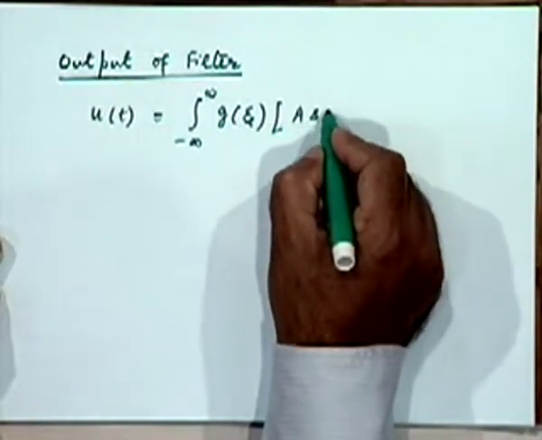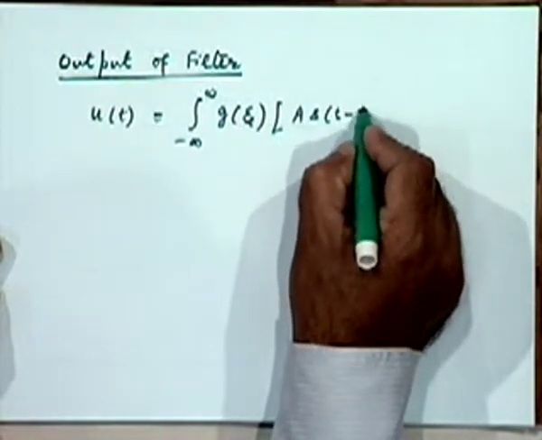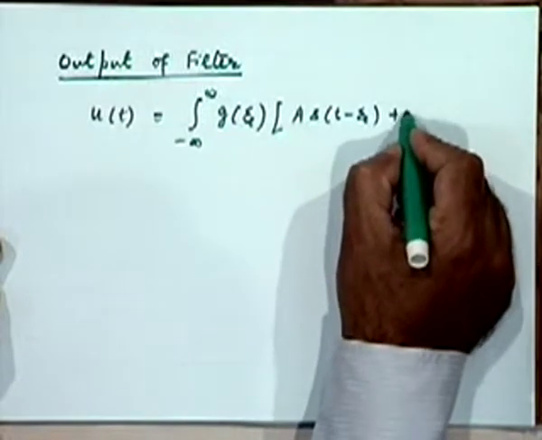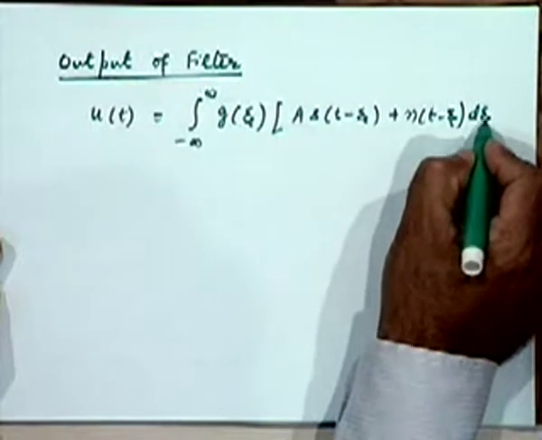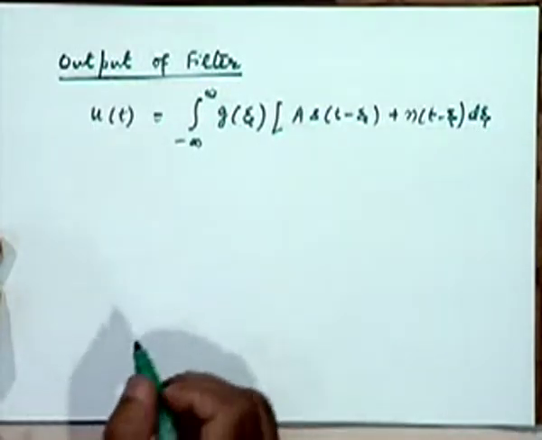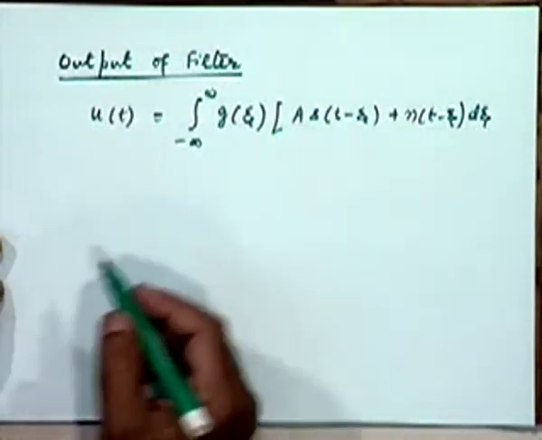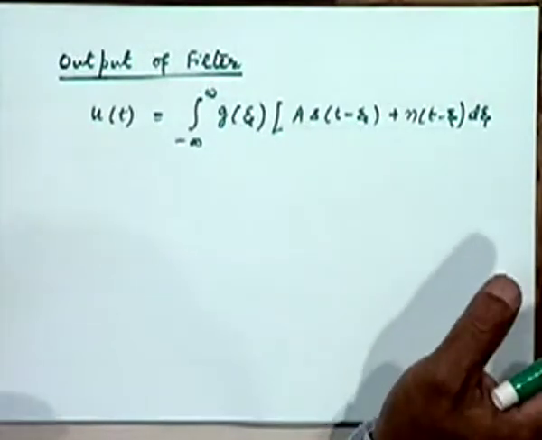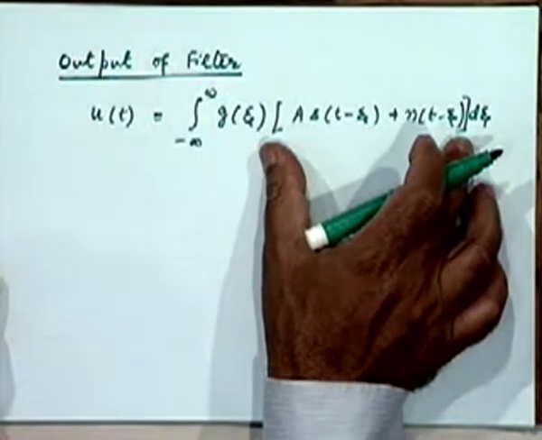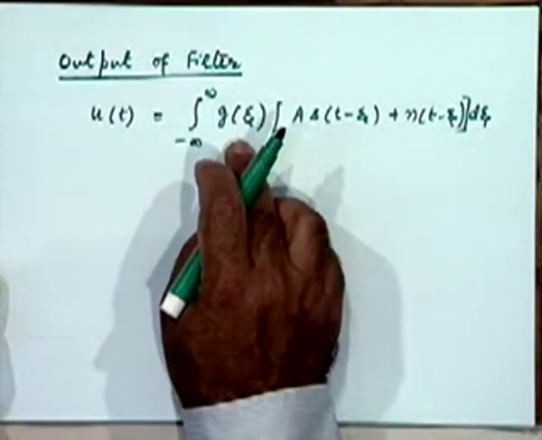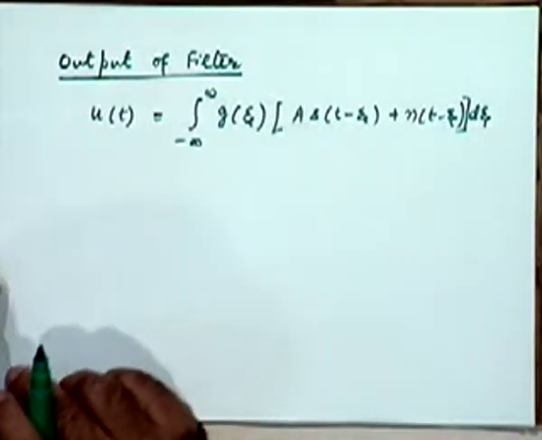So it will become the integral of g(zeta) times [A s(t minus zeta) plus n(t minus zeta)] d zeta. It is simply the convolution of this input with the impulse response.